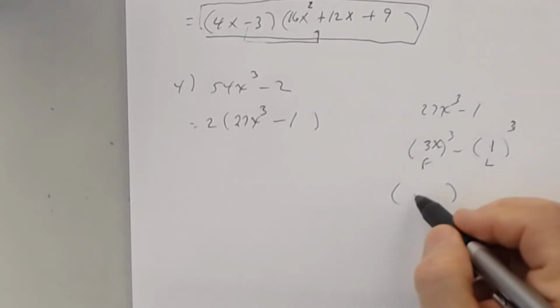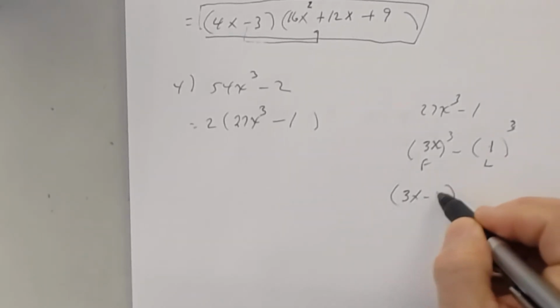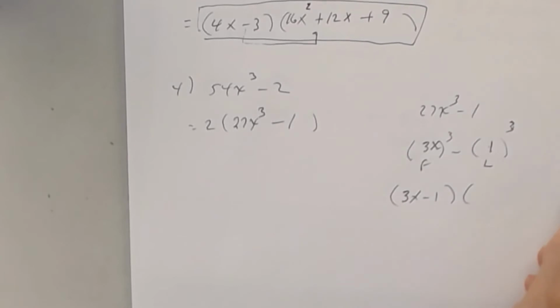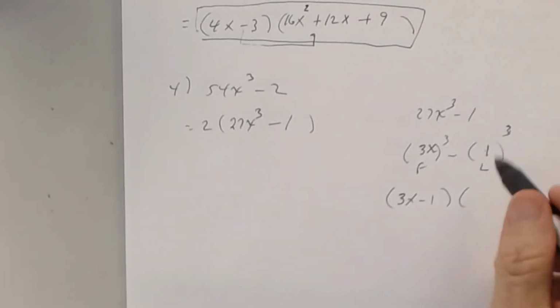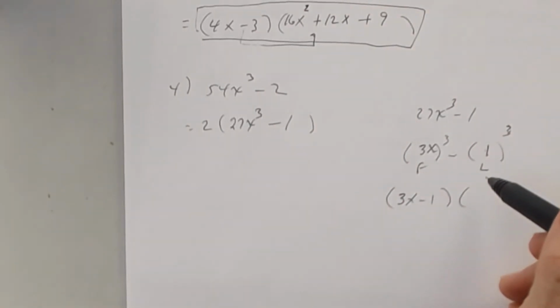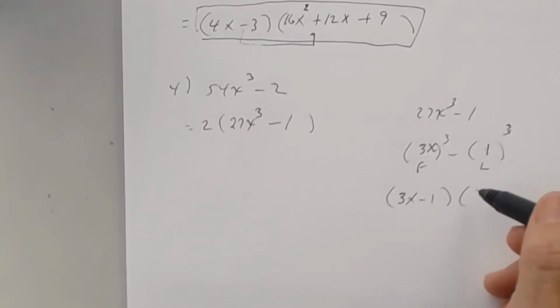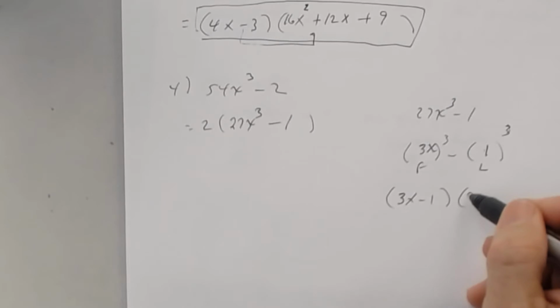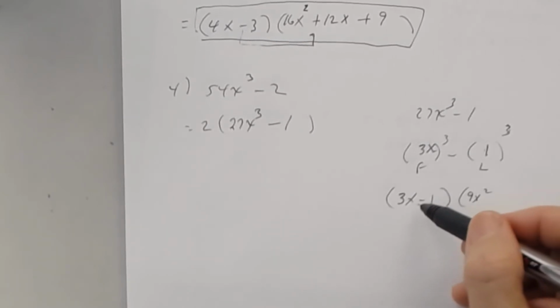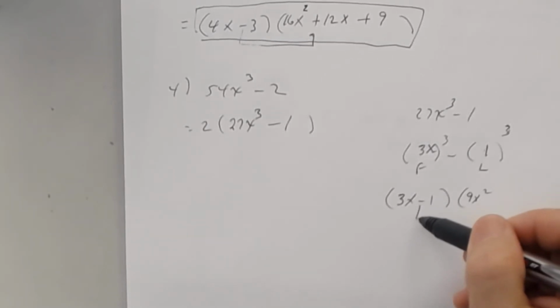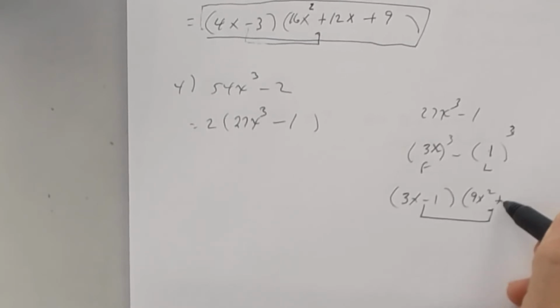What's the binomial? 3x minus 1. And now I can determine the trinomial. The first term is where you take f and multiply by itself. So it's 3x times 3x. 9x squared. Now remember, that's 3x minus 1.